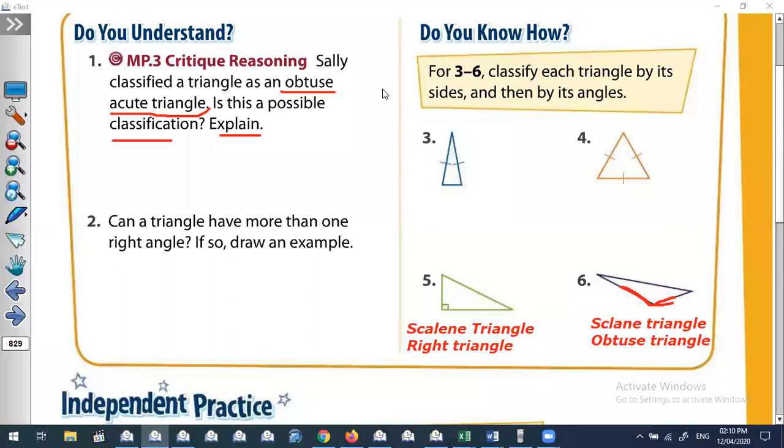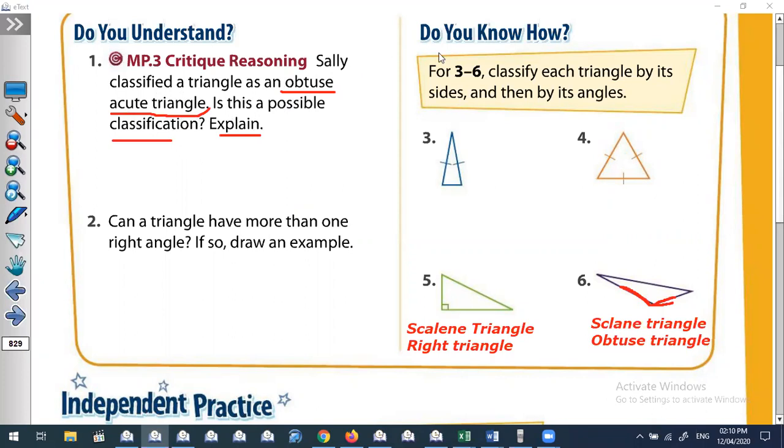So the obtuse triangle has two acute angles, but I cannot say that the triangle is obtuse and acute at the same time. No, you have to classify it by one name. So the triangle will be obtuse, not acute.